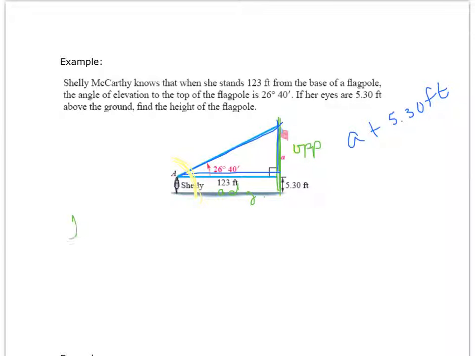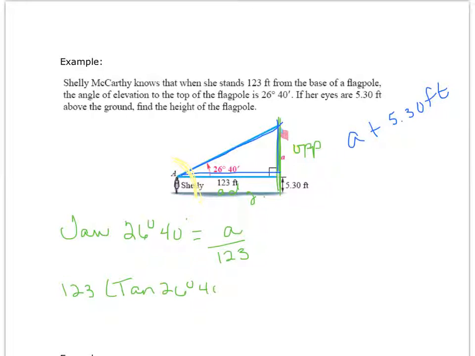So we're going to use tangent of 26 degrees 40 minutes. You need to know how to punch that in your calculator. Equals A over 123. So 123 times tangent 26 degrees 40 minutes equals A.